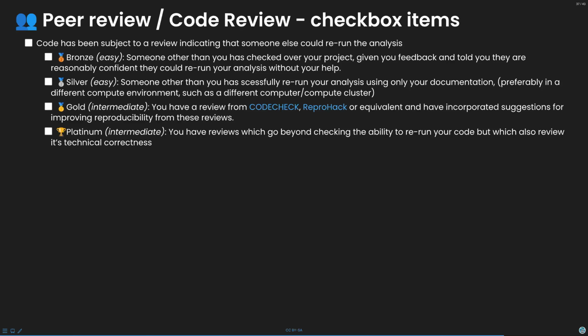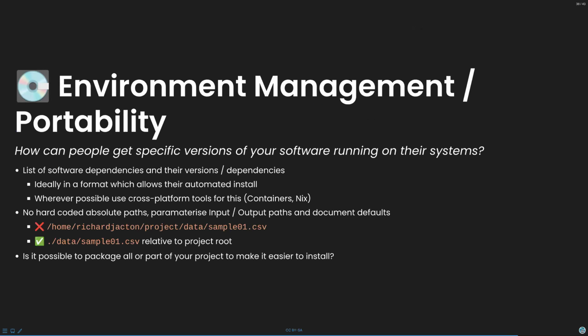They do a full academic paper style peer review on your code and check it for code quality, or you might submit it to a journal like the Journal of Open Source Software, where you include a small blurb about the software, but you have a peer review of the tool, all managed on GitHub. So there are code review opportunities out there that can go above and beyond just checking other people can reanalyze it.